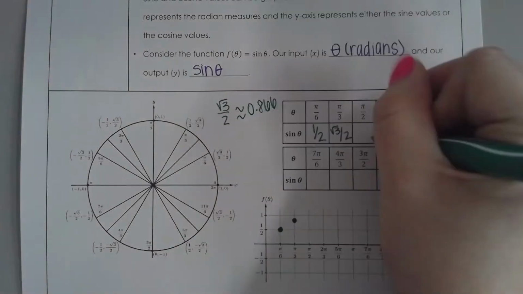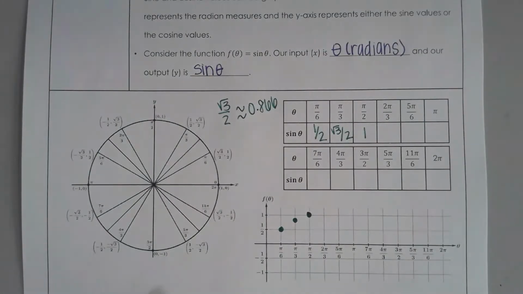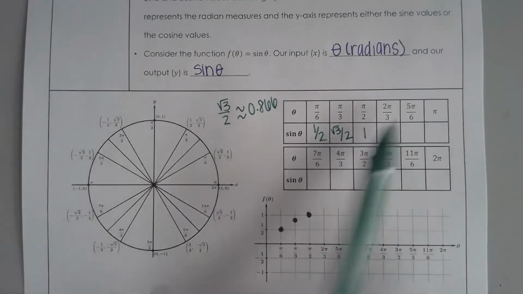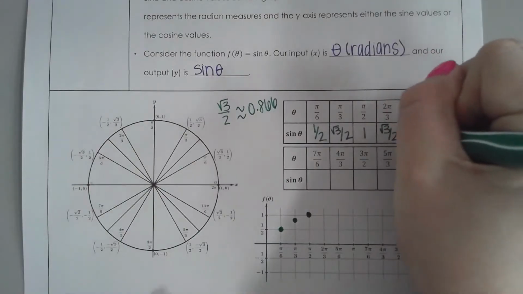Sine of 2 pi over 3 is square root of 3 over 2.